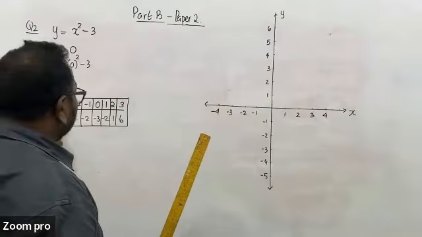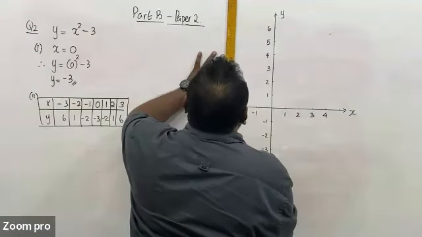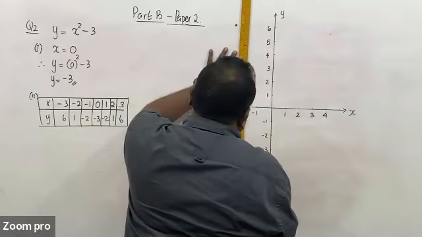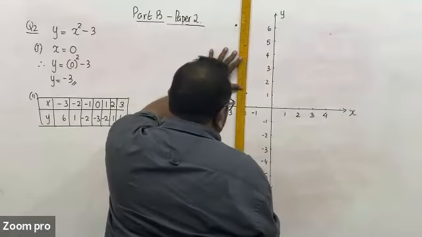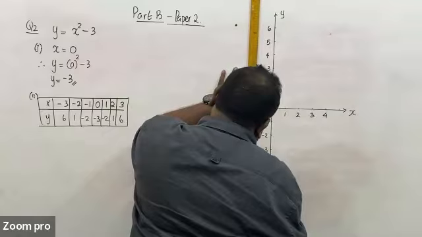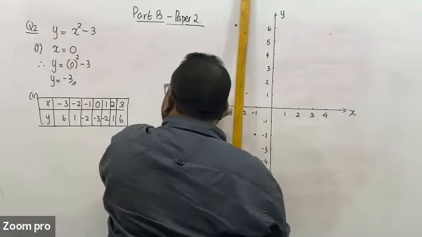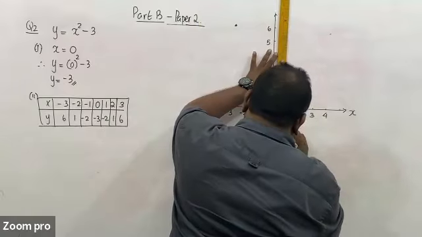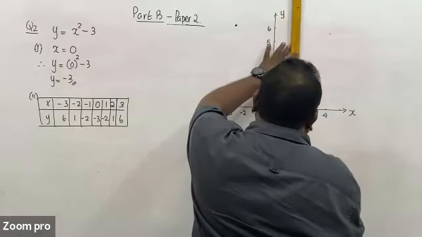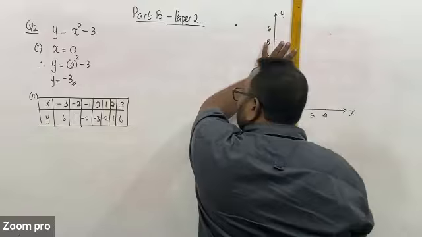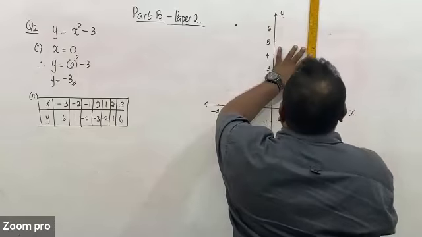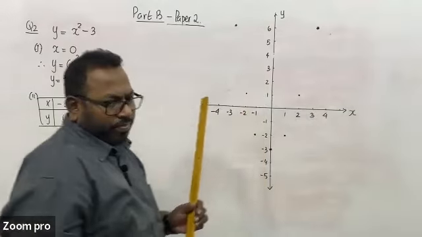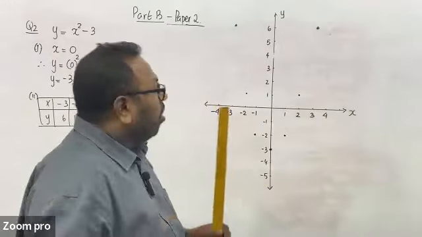So plot the graph: -3, 6; -2, 1; -1, -2; 0, -3; 1, -2; 2, 1; 3, 6. Now join using the coordinates.